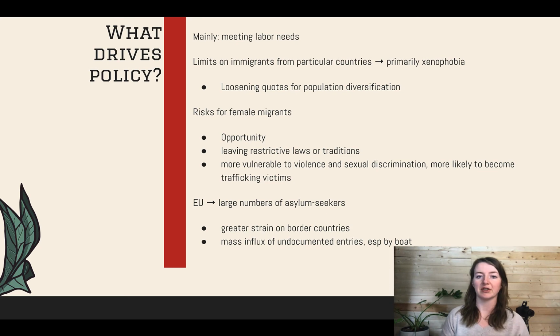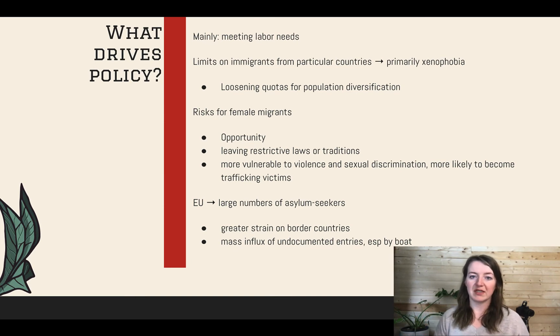So border countries with other continents or with the Mediterranean Sea are going to have more asylum seekers coming into them. It also means that as people progress through, if they happen to be deported for whatever reason, they're most likely to go back to that origin country in the EU, more so than their country of origin from the beginning.